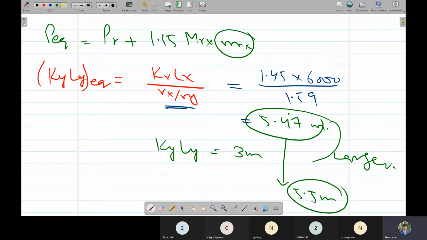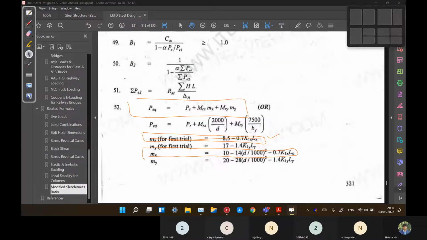So now we'll again go to the beam column section tables, but the length we would use is 5.5 meter and P equivalent is this one. This is 5434. So we'll use P equivalent as 5434 and KYLY as 5.5.